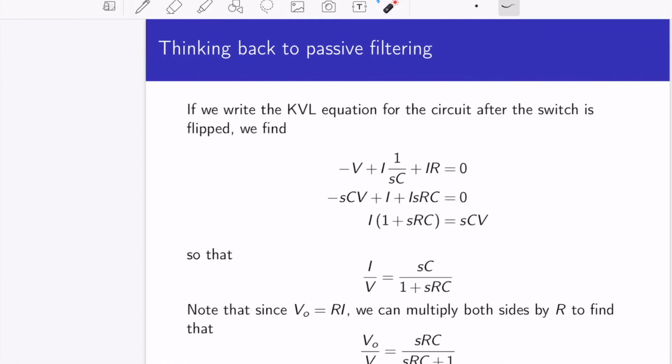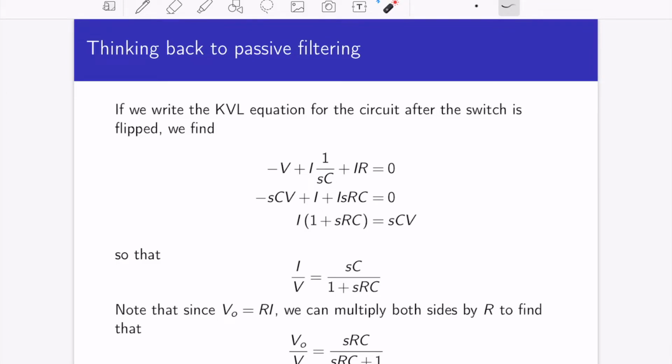Now let's look at our equations again. If we write the KVL equation after the circuit is flipped and we're in steady state, we end up with the equation we had when we were doing these circuits, minus V plus I times 1/(SC) plus IR is equal to 0.